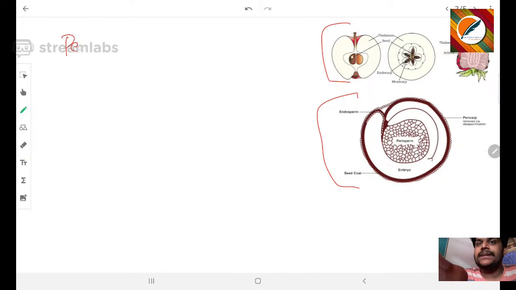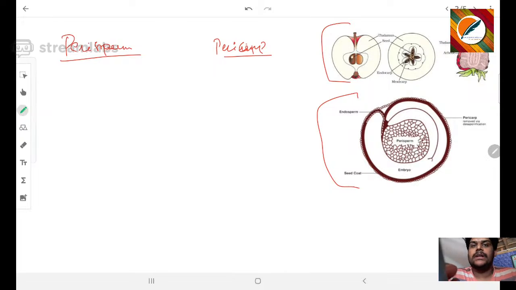So when we take perisperm and pericarp, let's write like this. I'll just increase the size. Here in perisperm, this is the pepper seed, where you can see the perisperm over here.